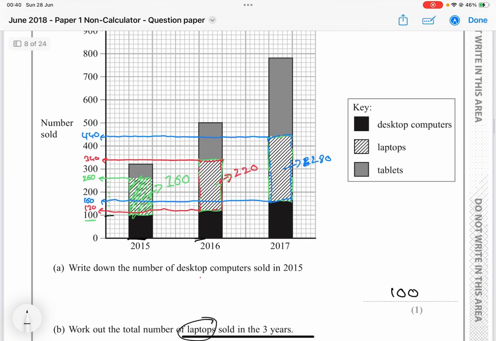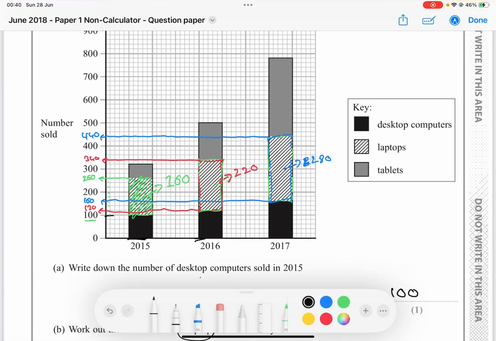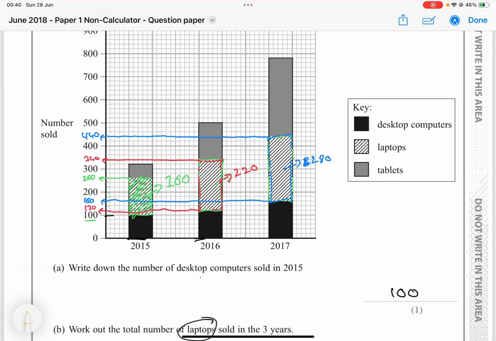If you look at the tablets bar, I'll do this in yellow. In year 1, or in 2015, the bar is just this small, and then 2016 it gets bigger, and 2017 it gets a lot more bigger.